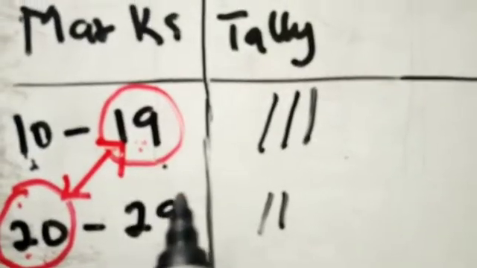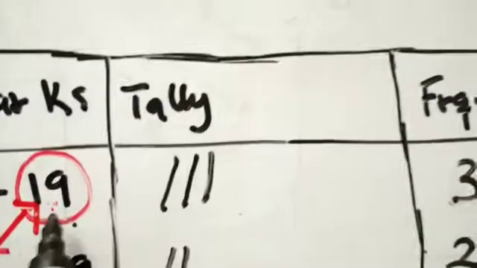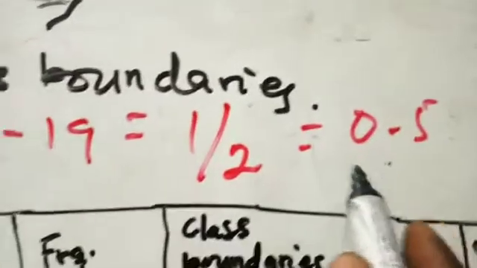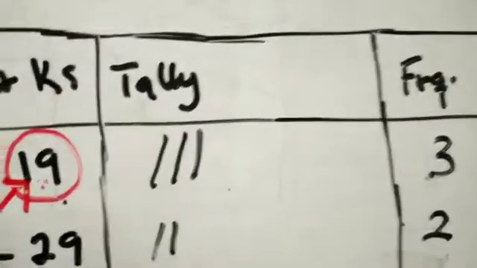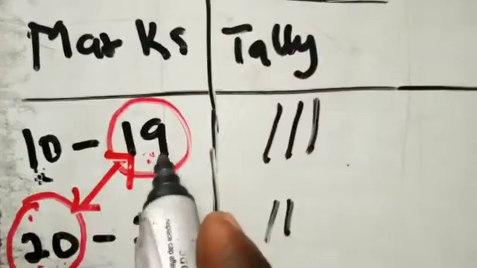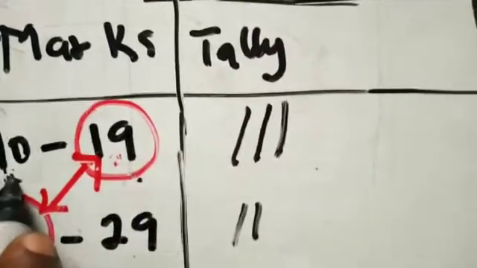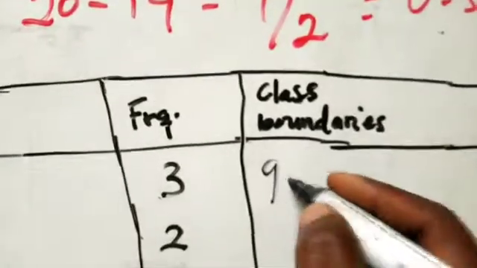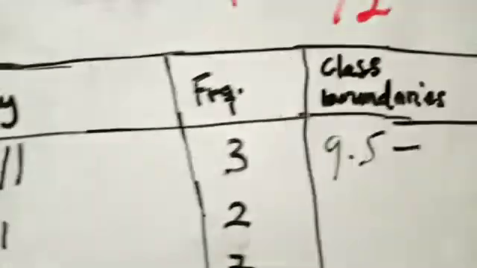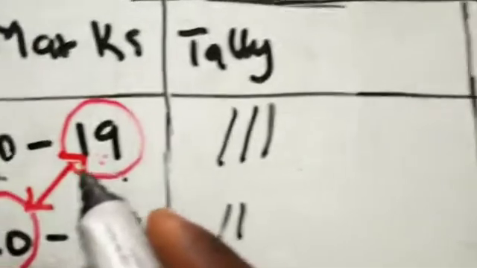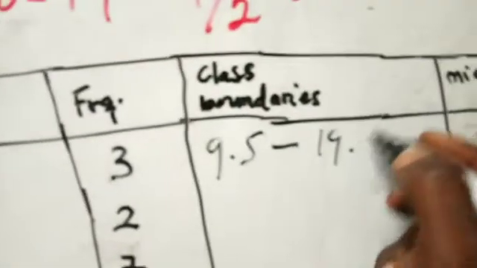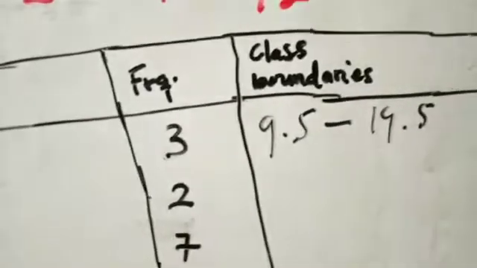I'm not saying it is always 0.5. After subtracting and dividing by 2, the answer that you get is what you subtract from this one and give to the upper one. So when I subtract 0.5 from 10, I'm getting 9.5. So the first one here will be 9.5, and then let's give that 0.5 to the upper one. So 19 plus 0.5 will be 19.5.